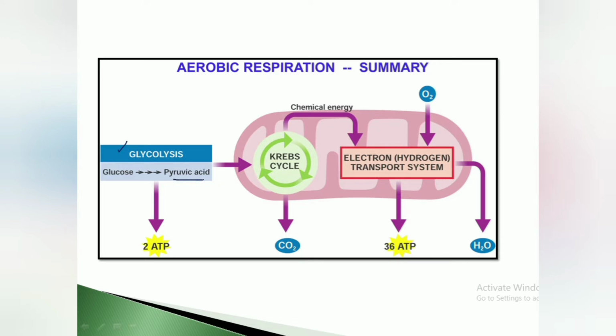The pyruvic acid was converted into acetyl coenzyme A with the help of the PDH complex, and that acetyl coenzyme A entered the Krebs cycle to produce the energy-rich molecules NADH, FADH2 and GTP, along with the elimination of carbon dioxide.